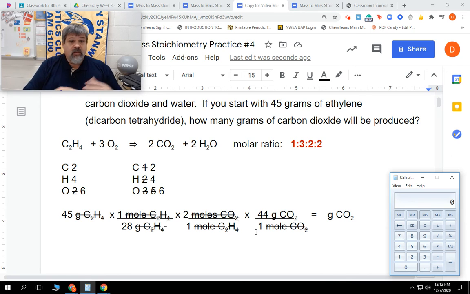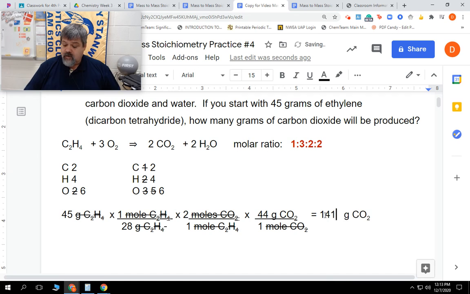But remember, when we multiply or divide by 1, it doesn't change the value, so we don't have to do that step in the calculator. So we're going to go ahead and calculate this out. So we have 45 divided by 28 times 2 times 44. And that's going to equal 141.42.